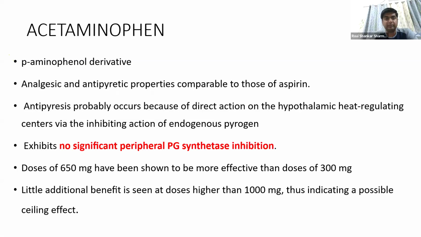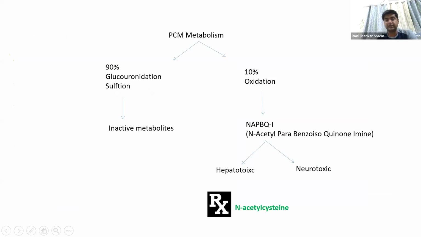Then paracetamol, it has no significant peripheral prostaglandin inhibition. Important thing to remember for exam going patients, guys. Only 10% of the paracetamol is getting oxidized via oxidation. Okay, 90% is getting metabolized by glucuronidation or sulfation.